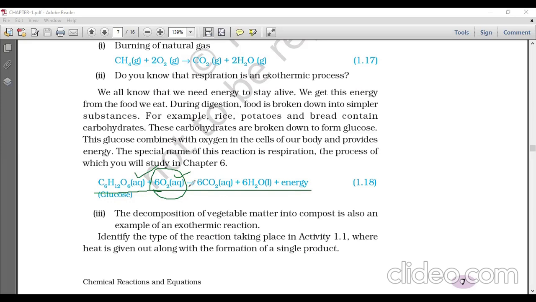When you take this, what are you going to release outside? Carbon dioxide and water plus energy. So this is also an exothermic process.